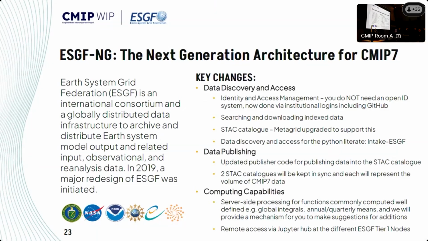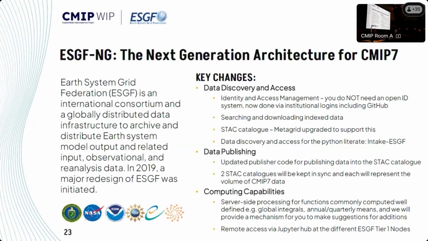But a couple of things to draw your attention to. If you are familiar with the traditional ESGF system, we're not using OpenID anymore. And you don't have to authenticate to access the data. So it's the same as with CMIP6. The data access is open. However, if you need to publish data, so if you're a data node, then of course you will need to authenticate, but it's with a new system. The other thing to point out that's really different is that we're using a new search interface called STAC.